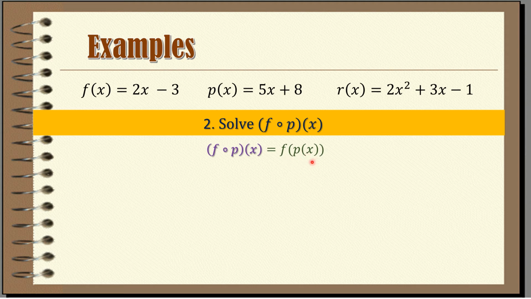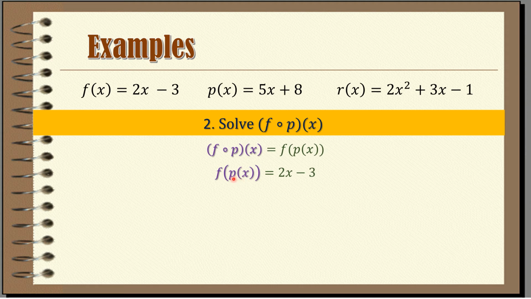Then we write this on the left side of the next equation. We have here f of p of x is equal to, since f is the first variable on the left side of this equation, we're going to take its corresponding function, which is 2x minus 3. So we write here 2x minus 3 after the equal sign.